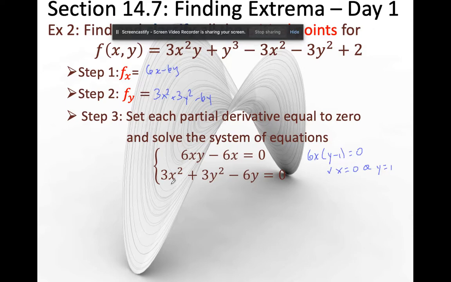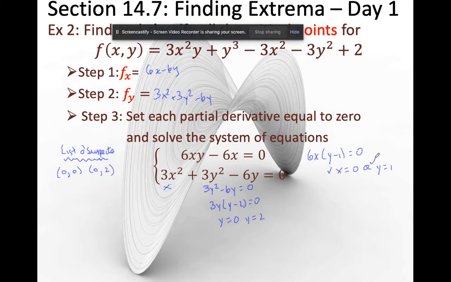So when I plug in 0 for x, this goes away, and I end up with 3y squared minus 6y is equal to 0. So I end up with y is equal to 0 or y is equal to 2. So over here for my list of suspects, I have when x is 0, y is 0, and when x is 0, y is equal to 2.